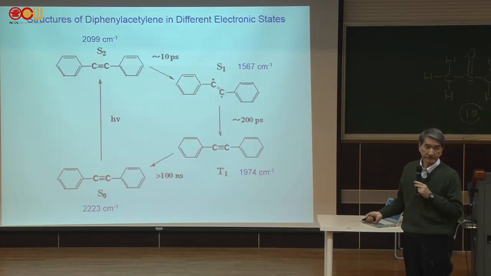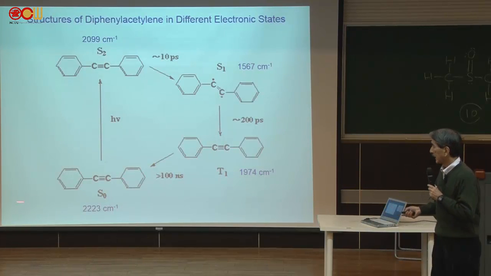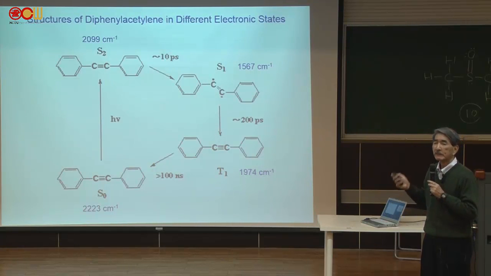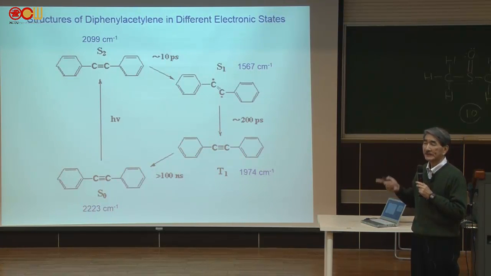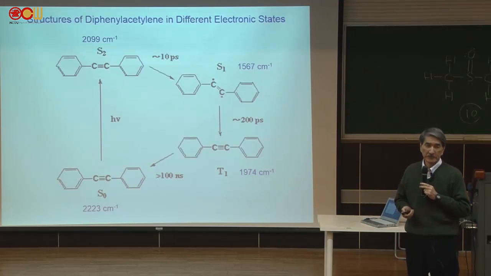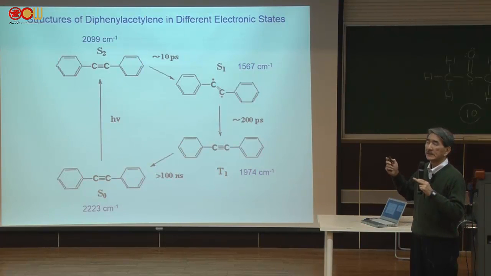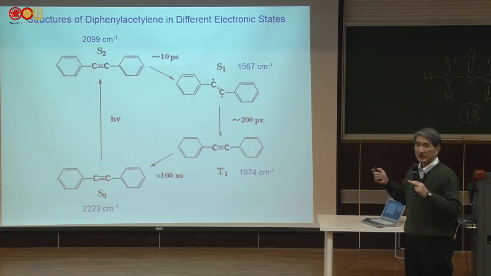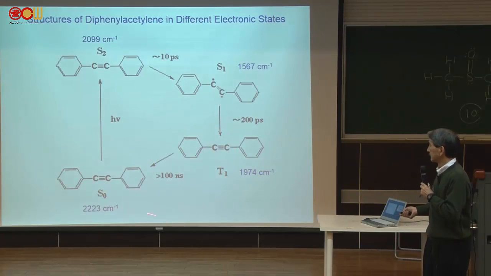2223 wave numbers. And if we know this frequency or wave number, then we immediately can tell that it's a triple bond. Because the triple bond has got a very large force constant, and that gives higher frequency.